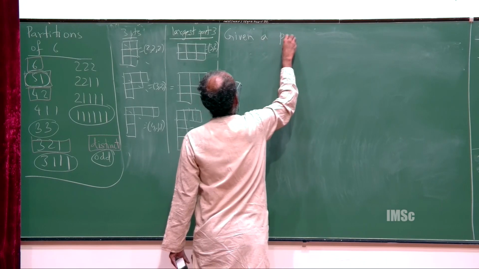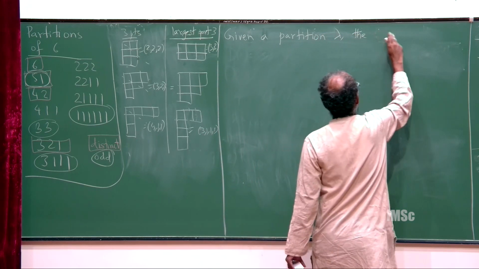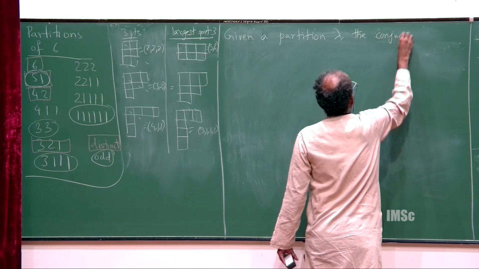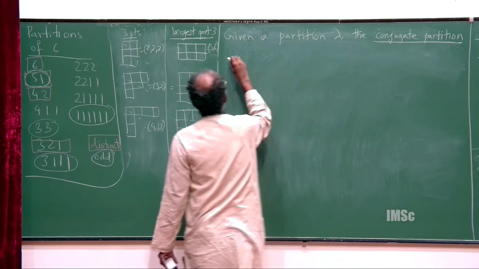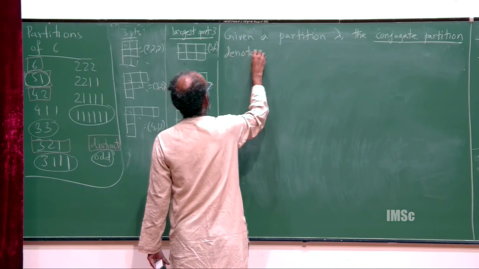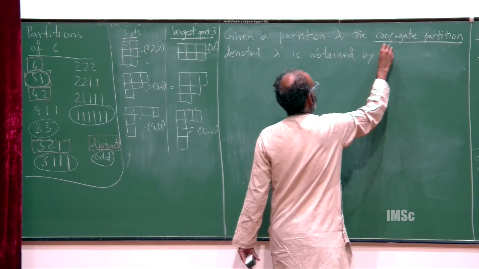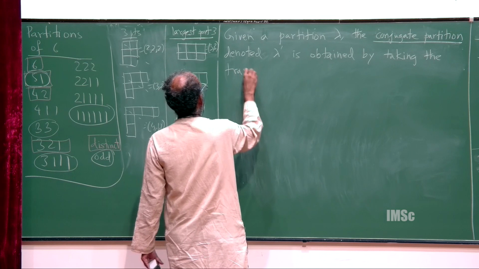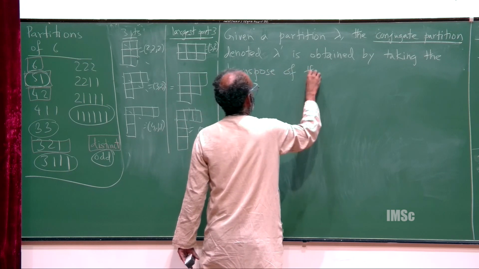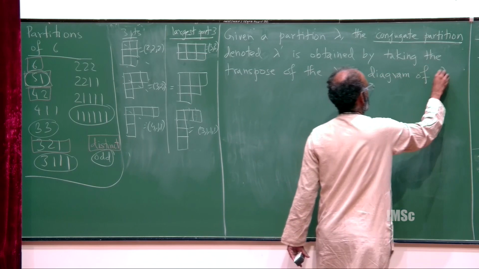Given a partition lambda, the transpose or the conjugate partition, denoted lambda prime, is obtained by taking the transpose of the Young diagram of lambda.